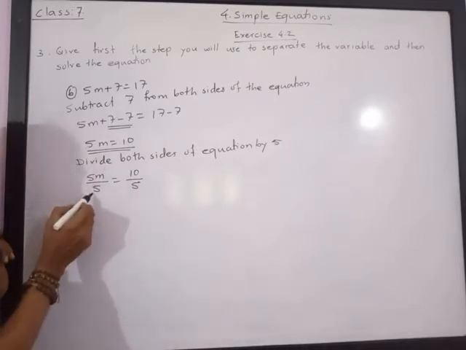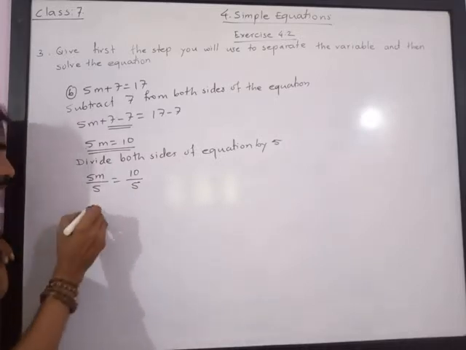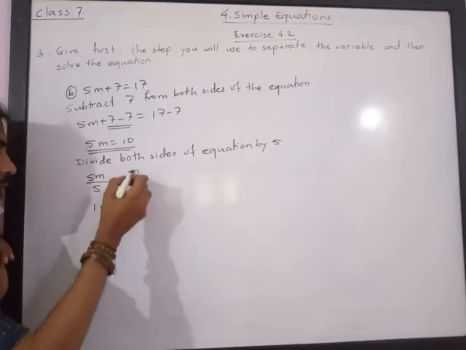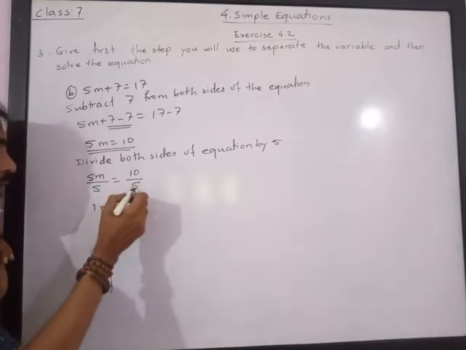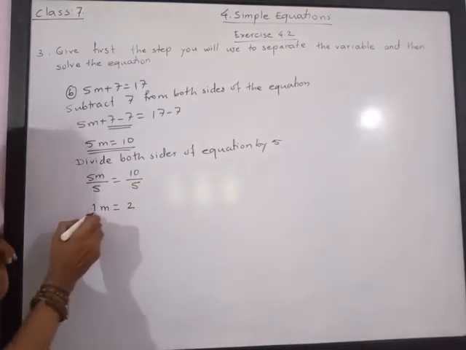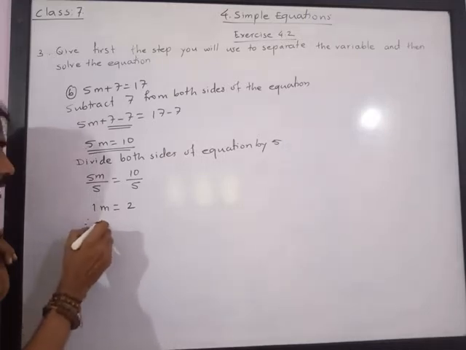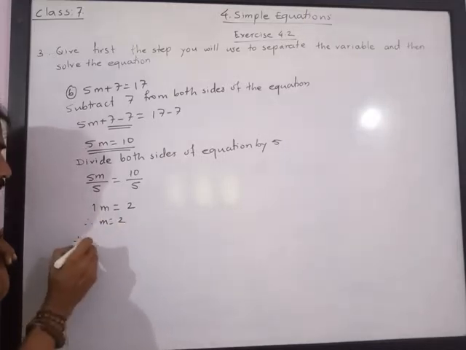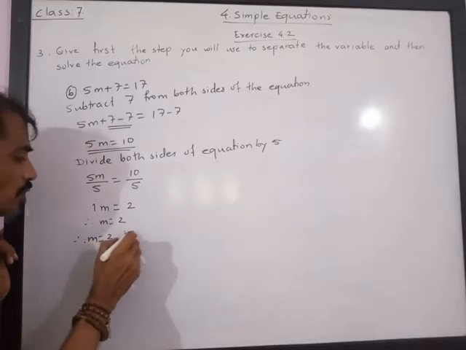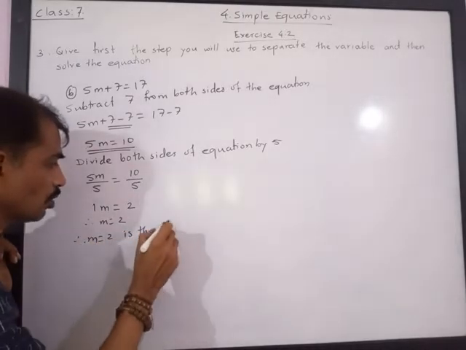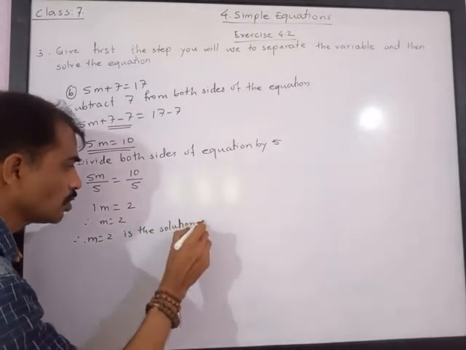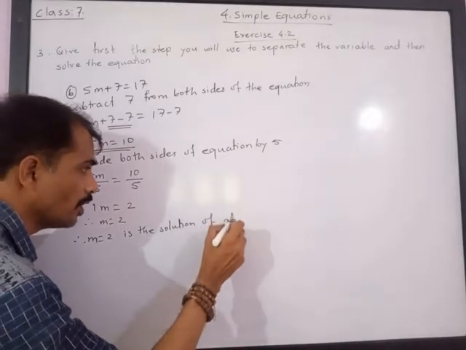Now 5m divided by 5 is 1m, which is equal to 10 divided by 5, which is 2. So we have got 1m is equal to 2, which means m is equal to 2. Therefore m is equal to 2 is the solution of the above equation.